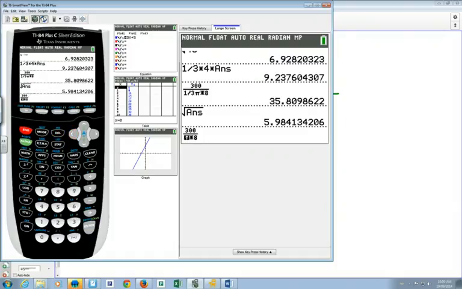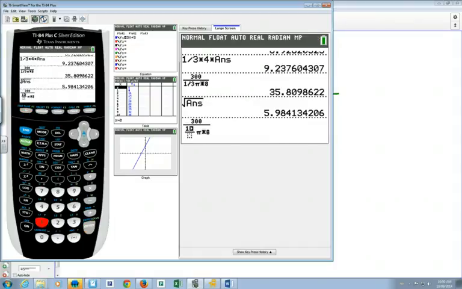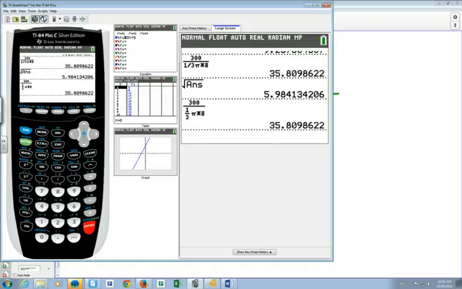And if you ever need to insert something, above the delete button is insert. So I'm going to insert a fraction in there. And I could have even had that 1/3 look like that. A fraction inside of a fraction, and pushed enter and got the same thing.